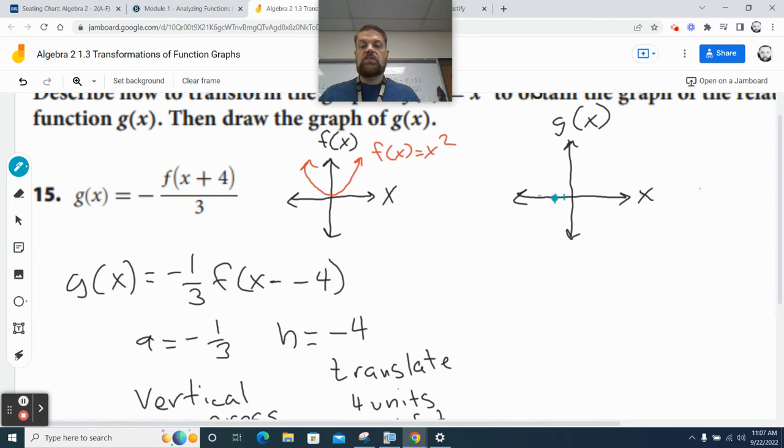So I'm going to go 1, 2, 3, 4. This is going to be the vertex, which is now a maximum. And it's going to compress it. So when we compress it vertically, it's going to expand it a little bit further out. So it's going to be wider, like that. And that's my sketch. How do we verify this?